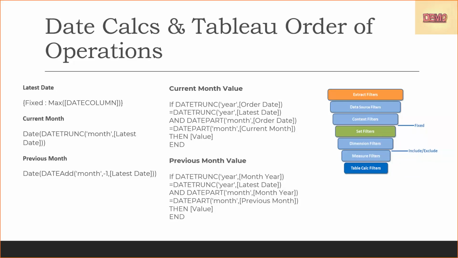So sometimes you have to think about, okay, what is Tableau doing first? Then what is it doing before it hits my filter? Some users may not be aware. You can just Google Tableau order of operations, and it'll bring up this little image for you.